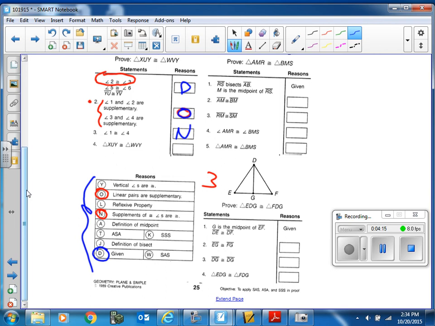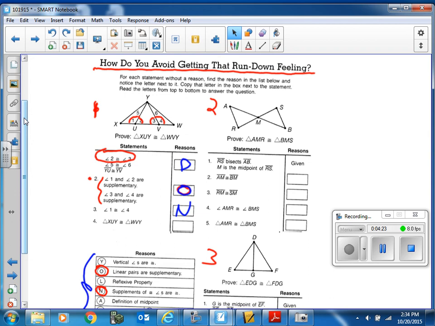And going down to the bottom, now it says triangle XUY and triangle WVY are congruent. Why can we say that? Well, let's go back. We now have 5 and 6, which was a given angle. We have YU, which is this side, and YV are congruent.